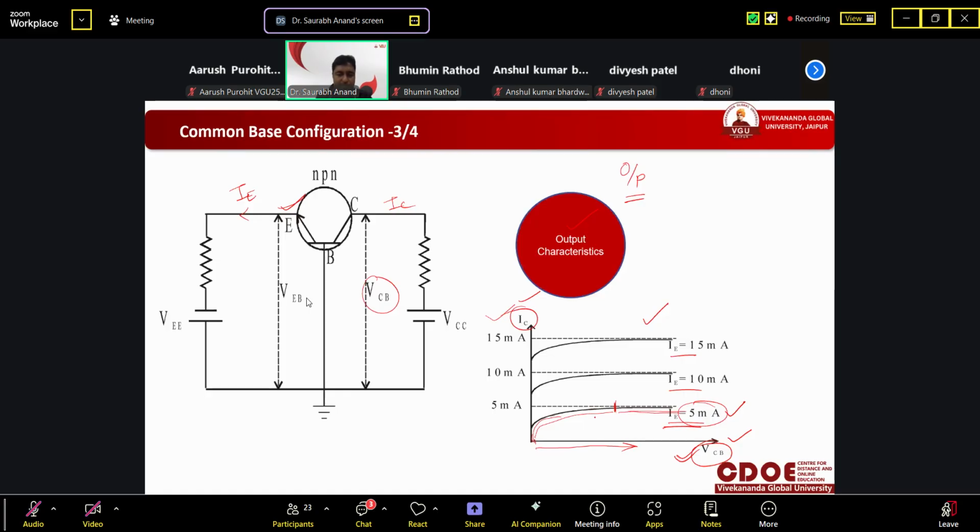Similarly, with the input current at 10 milliampere, it was increasing like this, but after reaching this point it is again constant. Again we increase the input current. It was initially increasing, but after this point it is constant. So in this case, we will have a fixed output current like this.